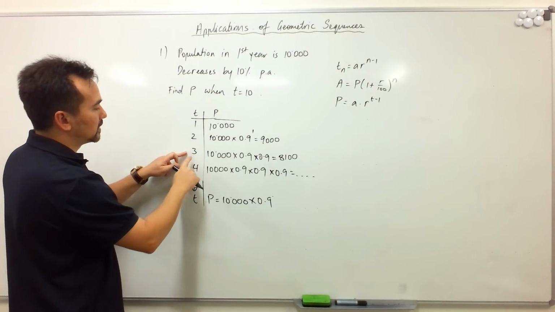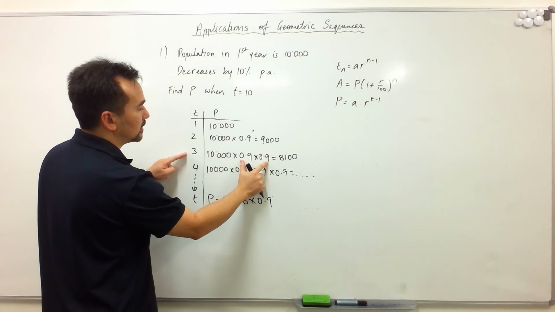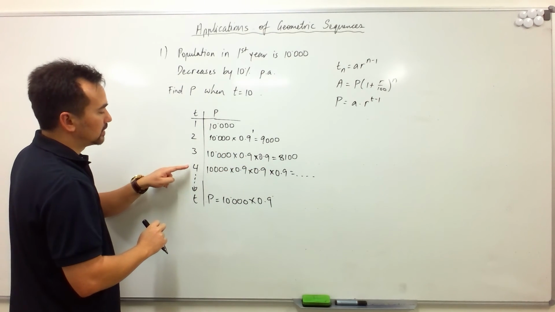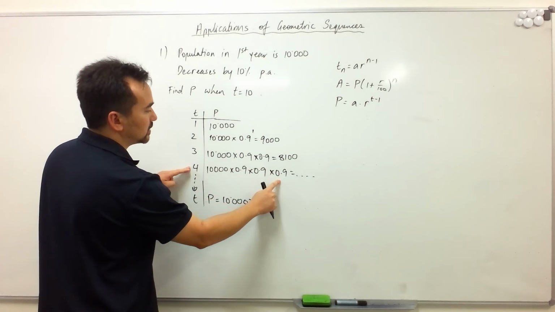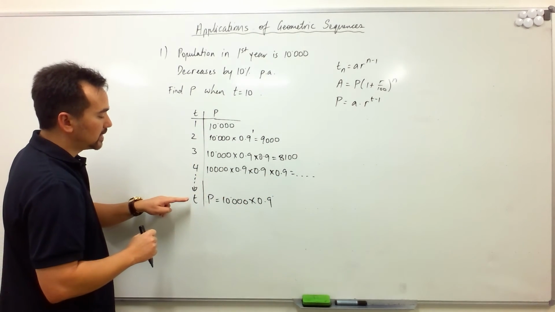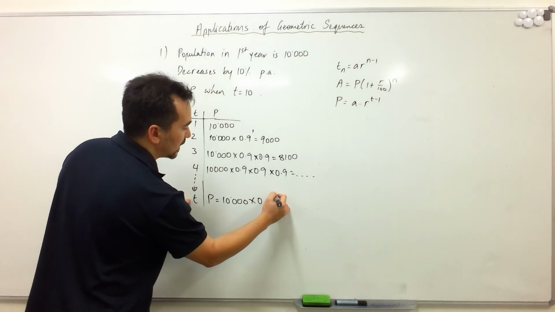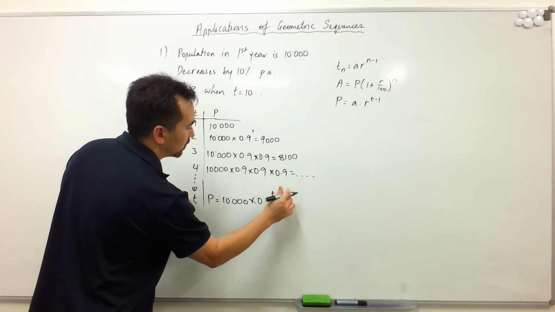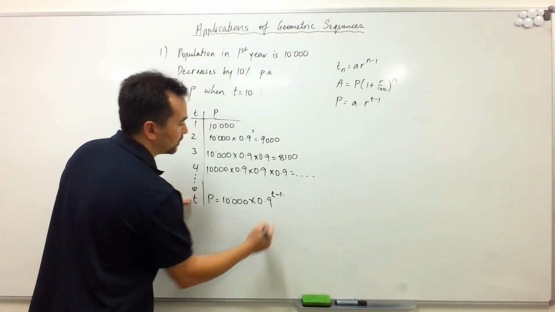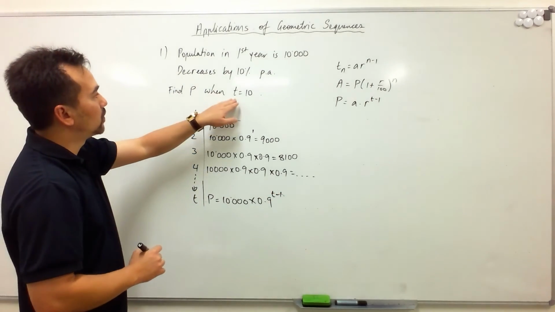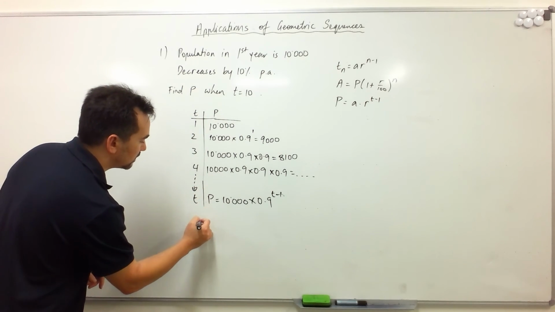And when T was 3, we have 0.9 to the power 2. And when T was 4, we have 0.9 to the power 3. So basically, when we have T here, we're going to have T take away 1. And that's our formula. So we can now solve for when T is equal to 10.